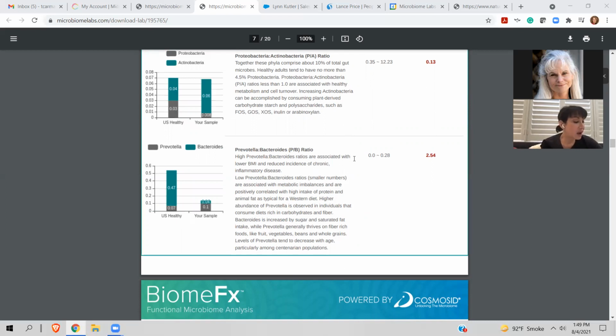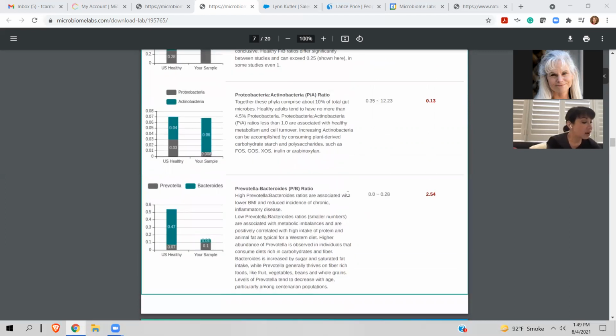So your gut bacteria adjust to your diet, your lifestyle, your supplements, and your mental stress. So this is the outcome, and that's what we'll use as indicators to compare to when he retests.